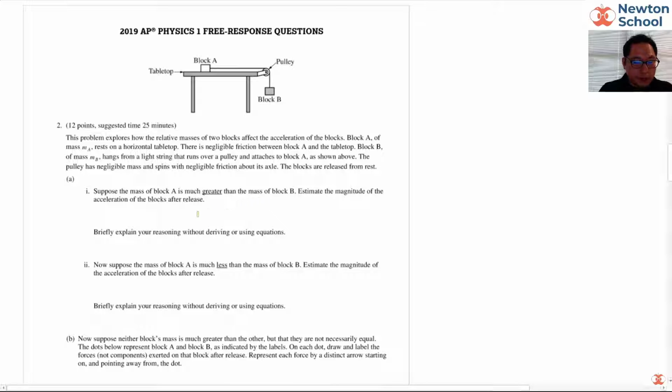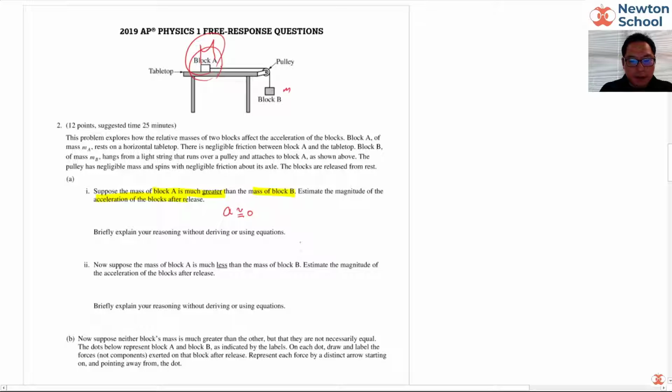Suppose mass A is much greater than B. What is the magnitude of acceleration after release? If block A is massive and block B is small, the acceleration will be smaller, close to 0, I guess.